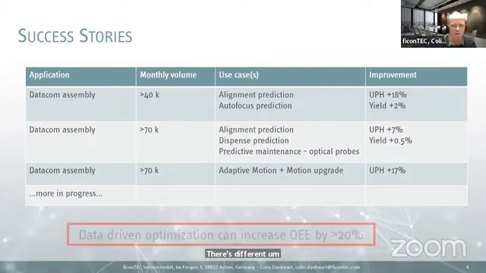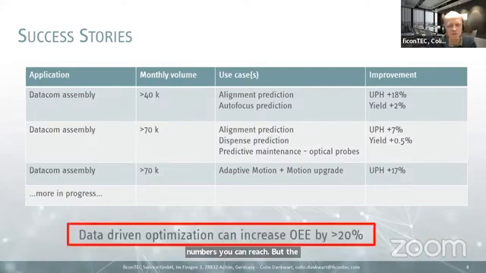But the overall take home is that by using data-driven optimization, you can increase OEE by over 20%. Now, the origin of this number is, for instance, if you take a look at the top row, this is exactly 20%, but in the meantime, we developed some use cases that weren't used there. And I think the 20% is a general idea of what can be achieved.